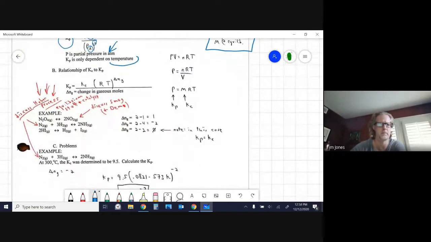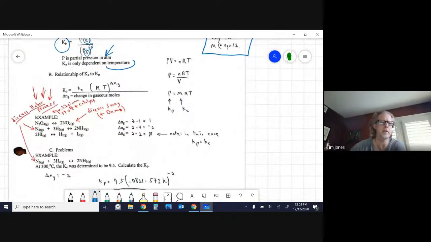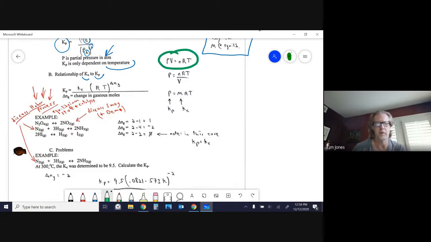Moving along here. There actually is a way to compare Kc for concentration and Kp for pressure of the exact same reaction. So it's no surprise we go to the ideal gas law. If you solve for pressure, you get the second version.